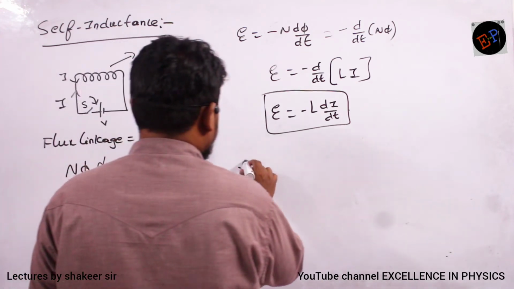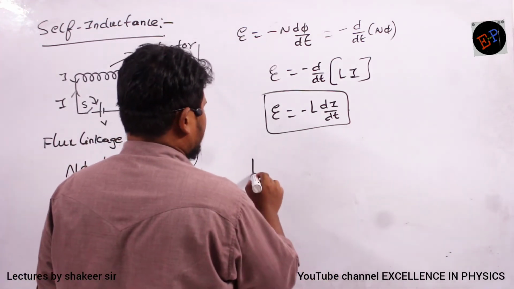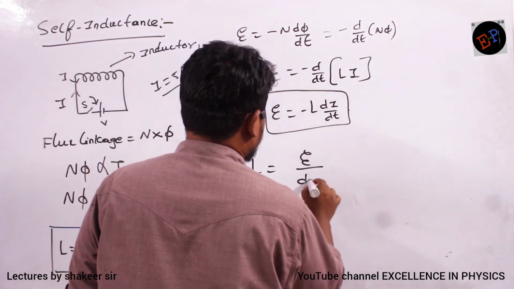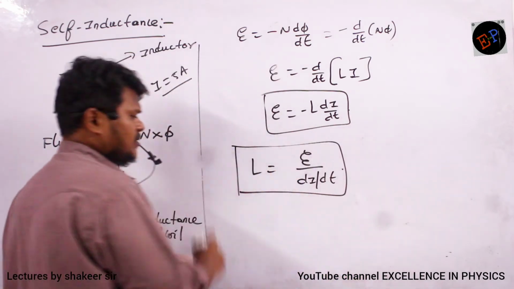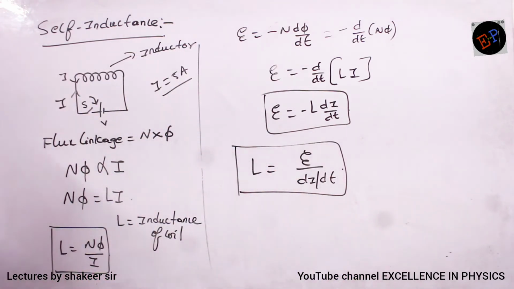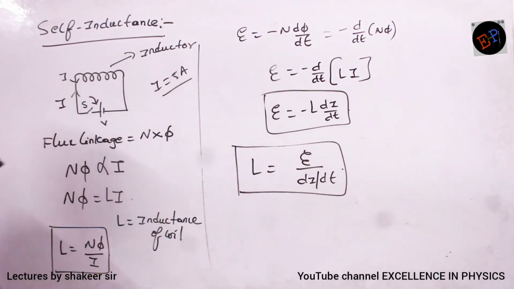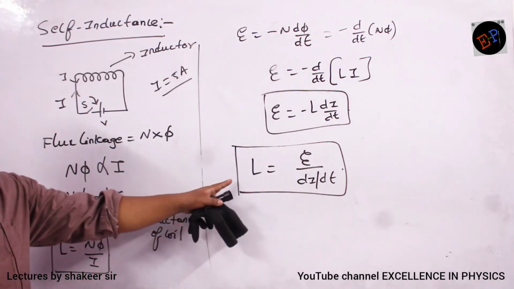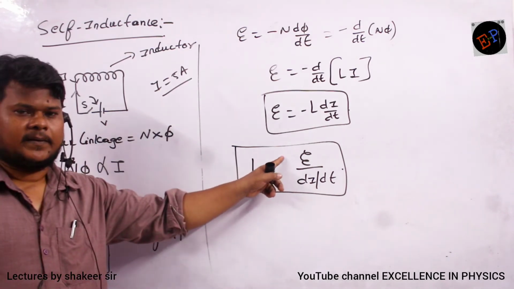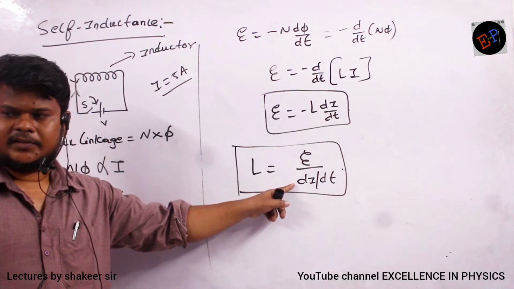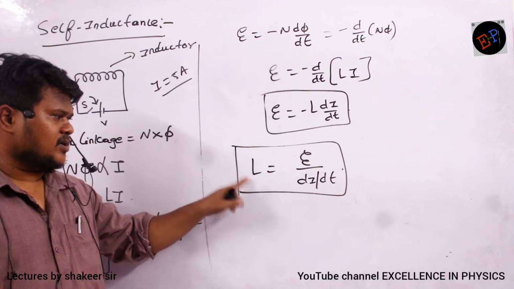So from this I can get one more equation of L. L is equal to EMF induced per change in current. This is another definition for inductance of a coil. So what is E divided by dI by dt? How can you define L value? What is E? EMF. dI by dt? Change in current. So EMF induced per change in current is called inductance.